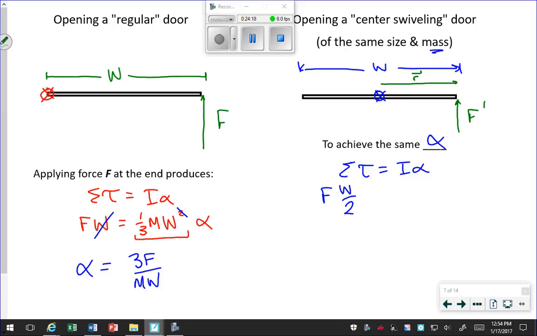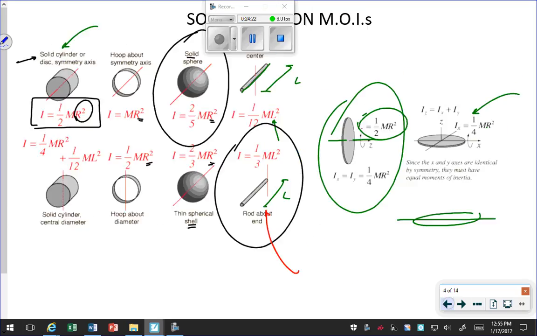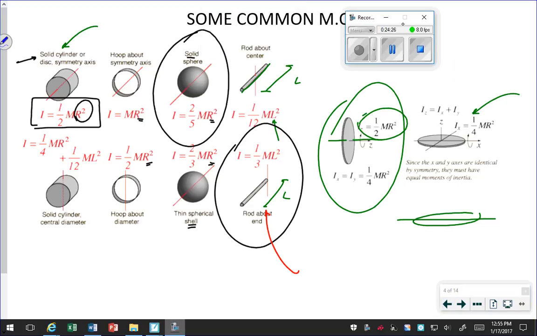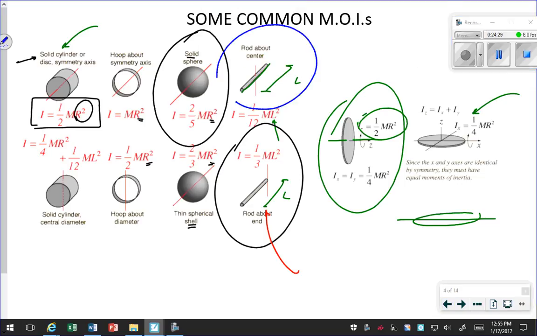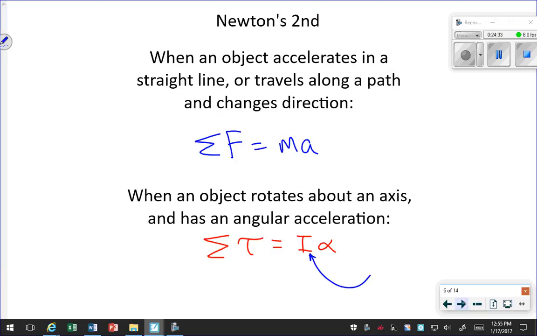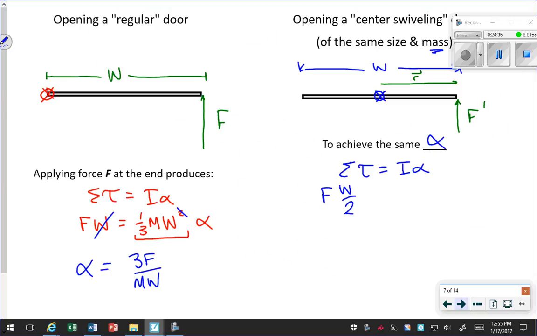Now, the rotational inertia of a door about its center, or a rod about its center, is 1/12 ML squared. We still do use the entire length of the rod, in this case width of the door, and alpha.